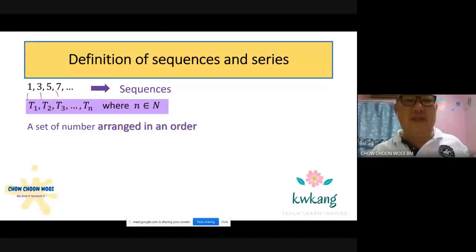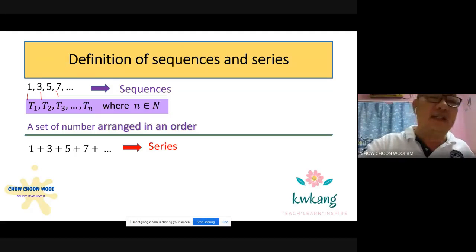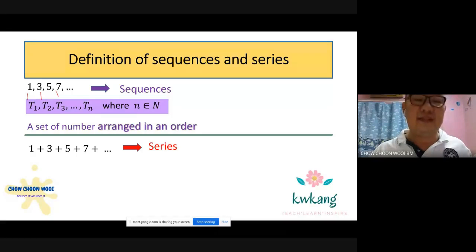So a set of numbers arranged in an order, disusun dalam susunan mengikut susunan. So 1 plus 3 plus 5 plus 7, this one we call it series. The difference is only comma and plus. Beza dia adalah di antara comma dan plus.